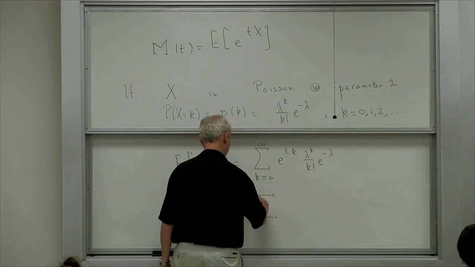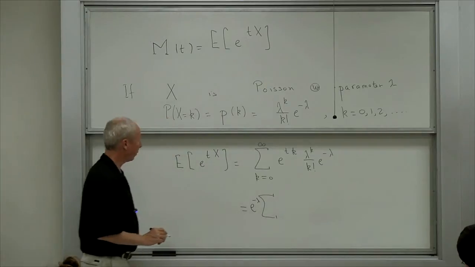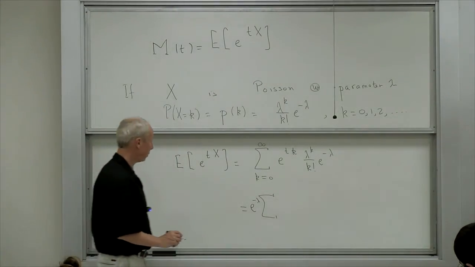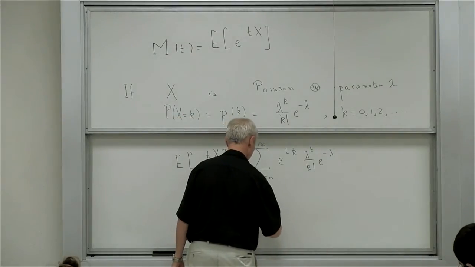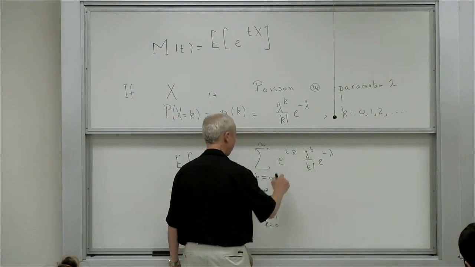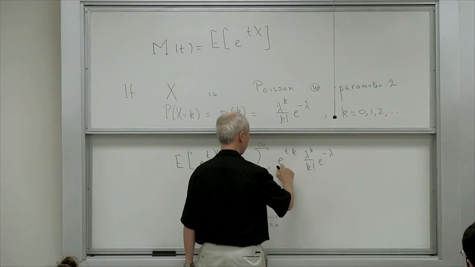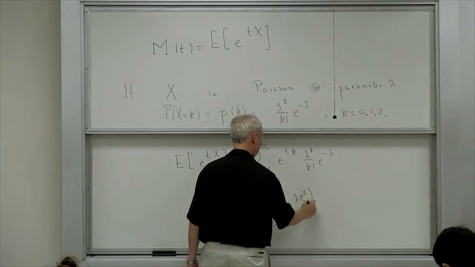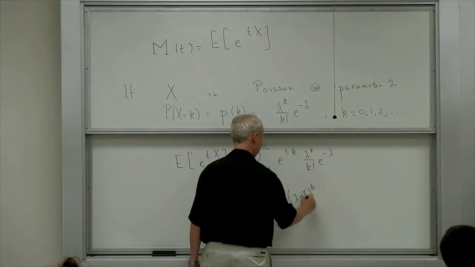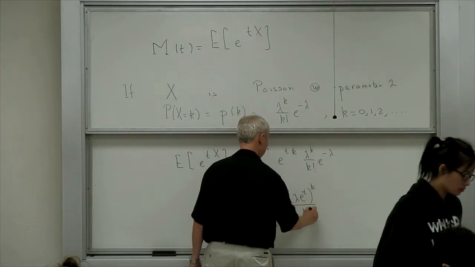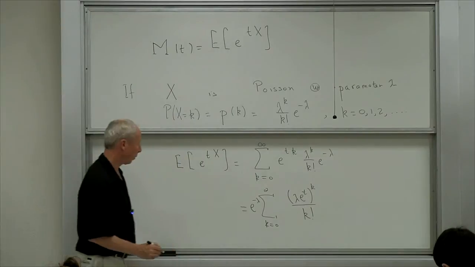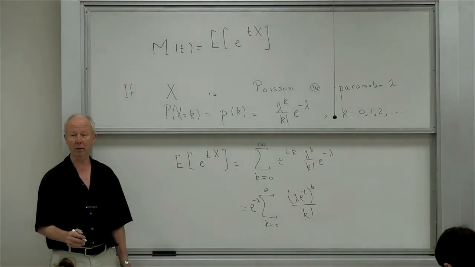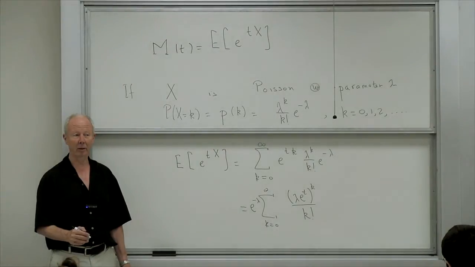I'm going to factor out the term e to the minus lambda because it doesn't depend on k. Every term has that. And now here I have two things that are raised to the power k, e to the t and lambda. I'm going to combine those. And we come up with that. And now we stare at that for a moment, and a light comes on.